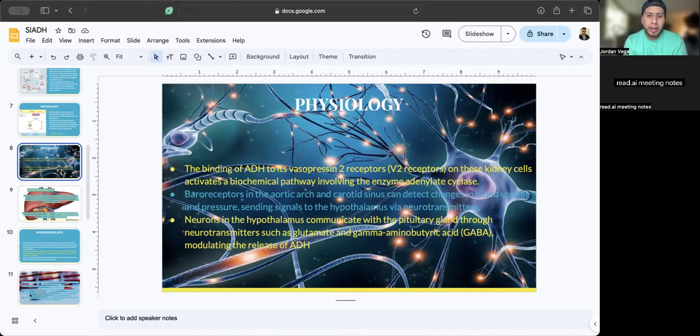Baroreceptors in our aortic arch and carotid sinus can then detect changes in the blood volume and our blood pressure, which then sends signals to the hypothalamus via neurotransmitters. Neurons in the hypothalamus then communicate with the pituitary gland through neurotransmitters, such as glutamate and GABA, to modulate the release of antidiuretic hormone.